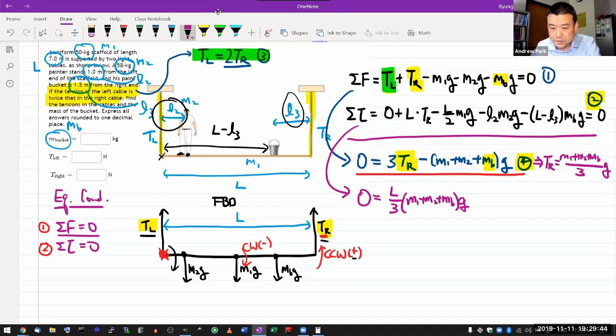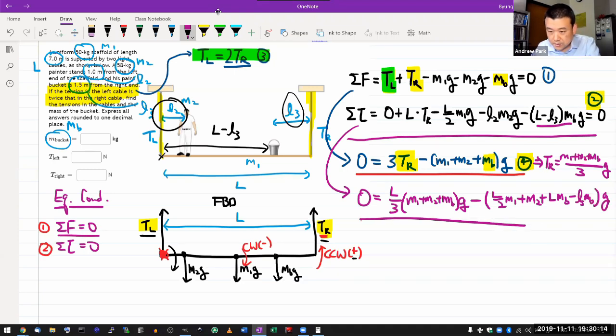Can I, let me just write it out. So minus, let me, parenthesis, L2 over M1 plus M2 and plus, let me just expand this out, L MB minus L3 MB G. And I hope you see that as you stare at this expression, we can, oops, I forgot something there.